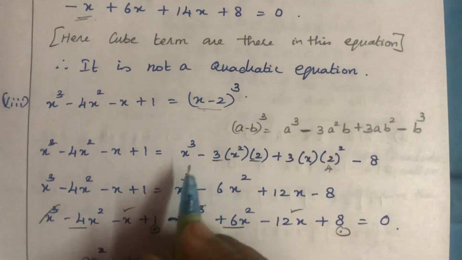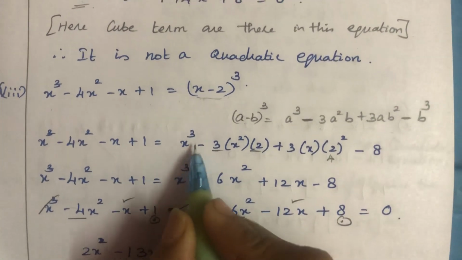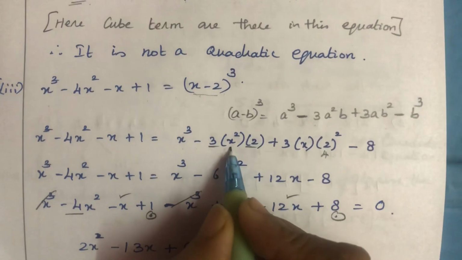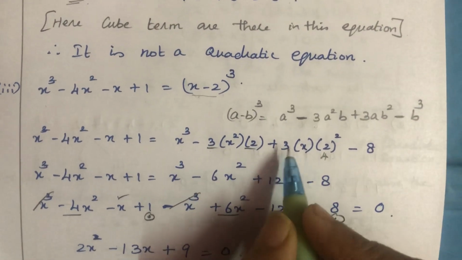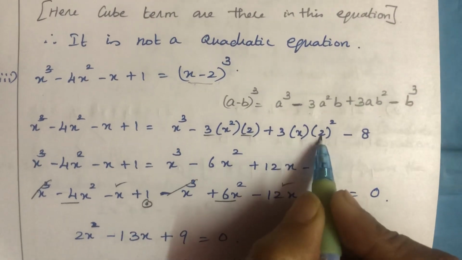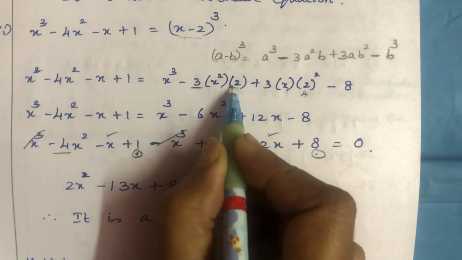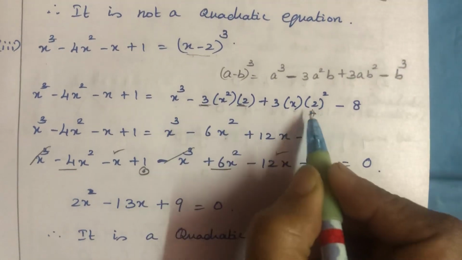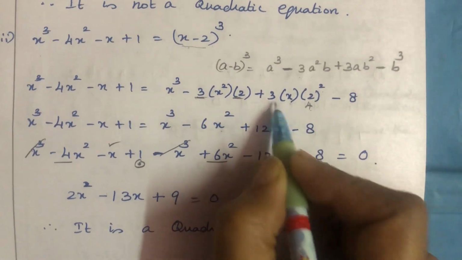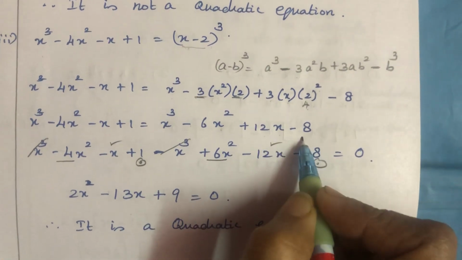So expand this, we will get x cube minus 3x square into 2 plus 3x into 2 square minus 8. Now simplifying this side only, x cube minus 3 into 2, 6x square. Here 2 square is 4, 4 into 3 is 12x, minus 8.